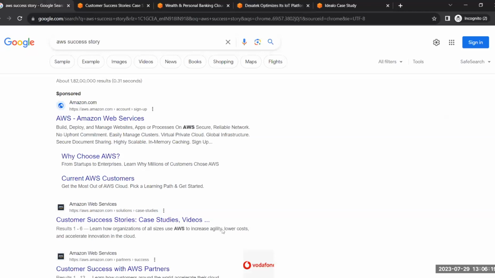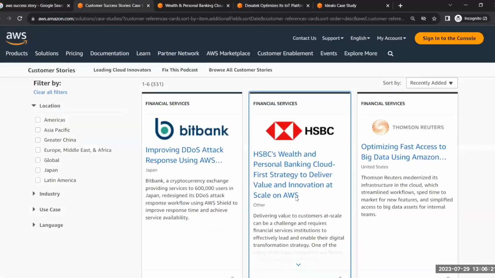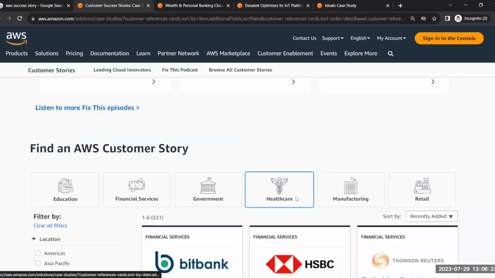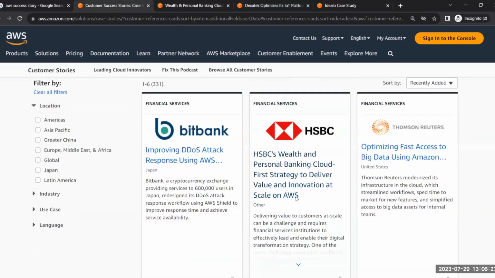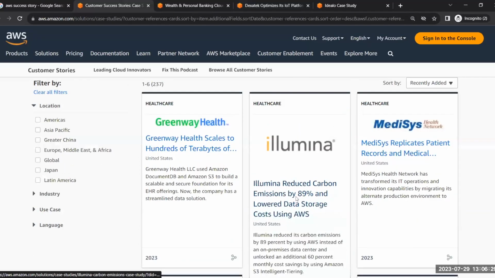Healthcare projects are built around patients, and then there are different domains.